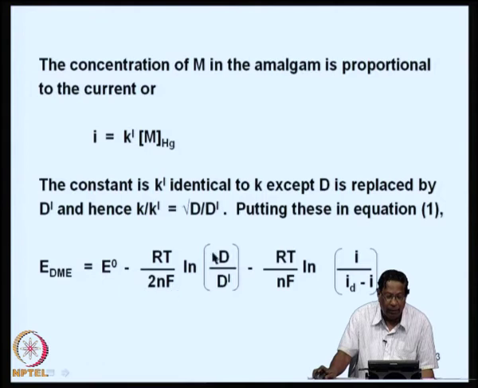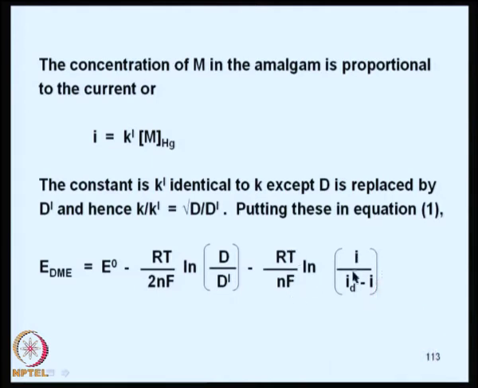I am going to separate the diffusion terms here, and then instead of the concentrations I am going to write this I and I_d minus I, RT by nF ln I upon I_d minus I.